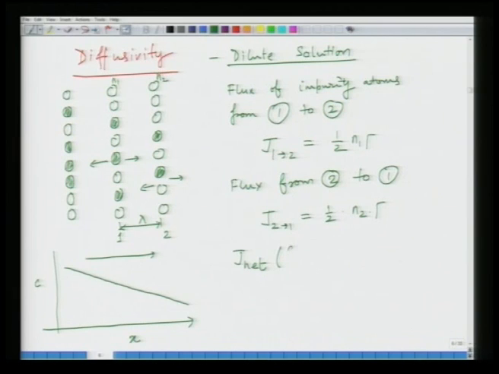J net from 1 to 2 is equal to half of n 1 tau minus half of n 2 tau, okay, which is nothing but the difference of J 1 2 minus J 2 1. So, this is given as half n 1 minus n 2 multiplied by tau.